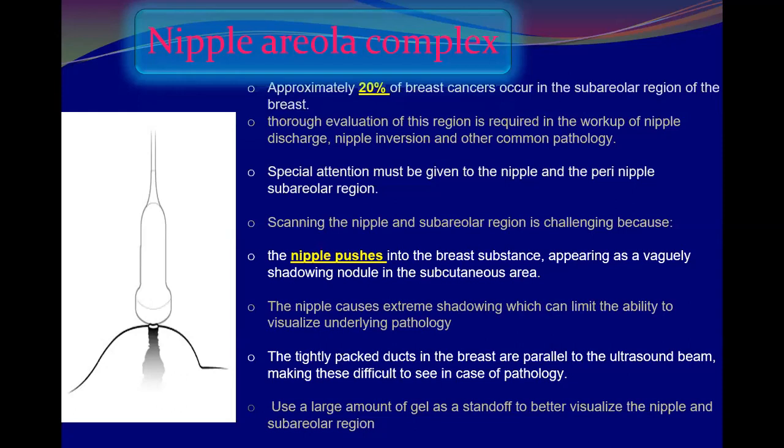Also, the nipple causes extreme shadowing, limiting visualization behind the nipple, the subareolar region. And the tightly packed ducts in the breast are parallel to the ultrasound beam, which also makes them difficult to visualize.